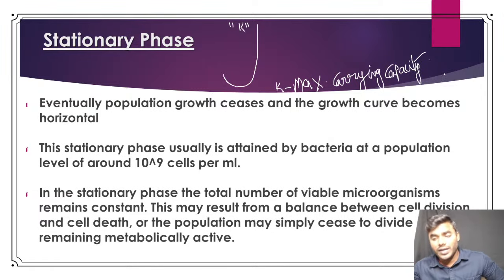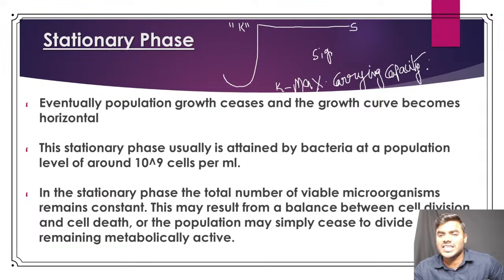Beyond that point, the environment cannot support the growth and development of a microorganism, so after that no organism grows. So from the J-shaped curve, it gives rise to the S-shaped growth curve. We can also call it the sigmoid growth curve.